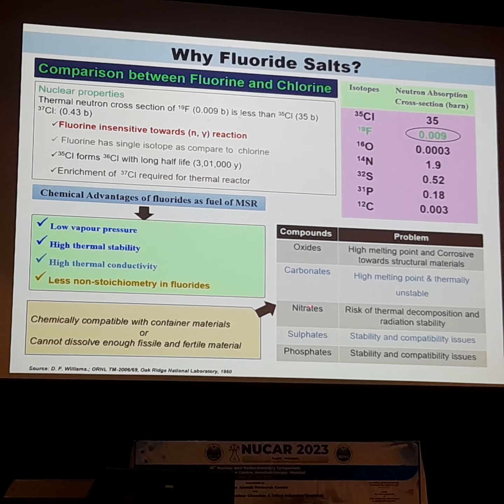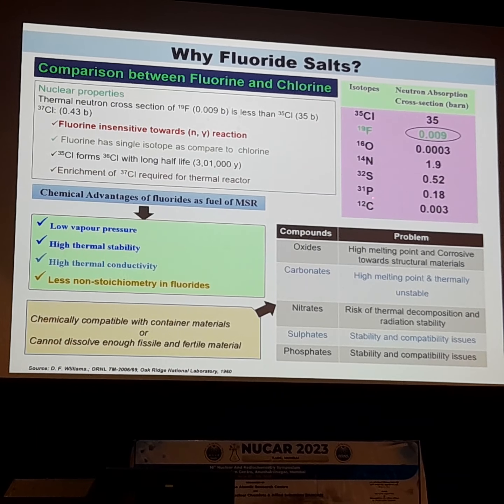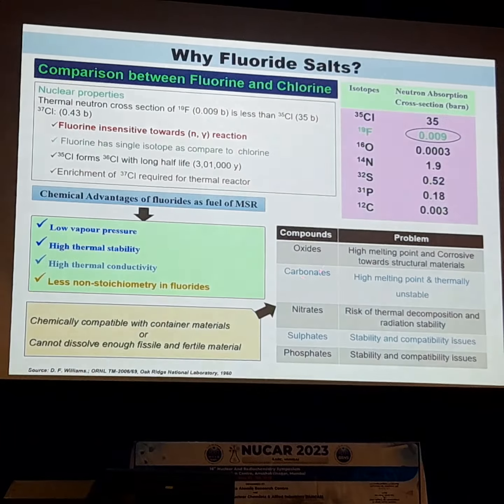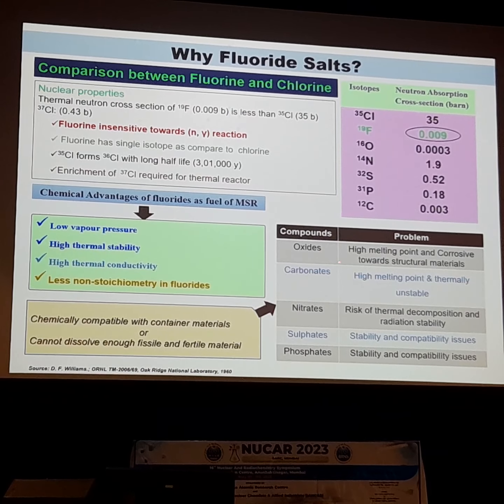Other non-metallic anions, oxygen, nitrogen, sulfur, phosphorus, can form oxides, carbonates, nitrates, sulfates and phosphates. In terms of neutron absorption cross-section, they are a reasonable choice. But in the chemical context, they cannot be used because they have a high melting point, and sometimes they undergo thermal decomposition.